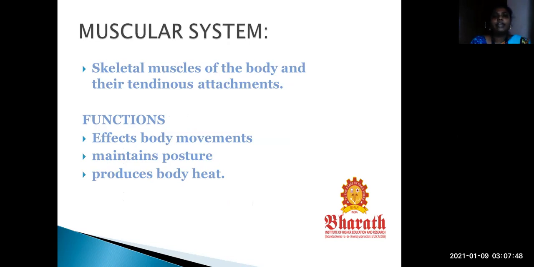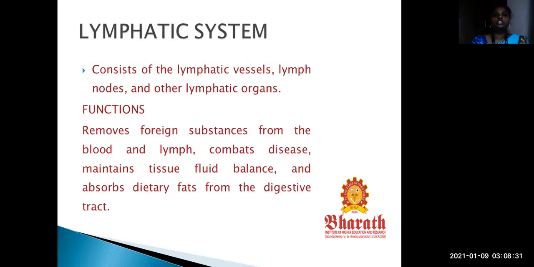The main functions of the muscular system are to effect body movement, maintain posture, and produce body heat. Our muscles determine our position, right? If you're sitting or lying, in all those positions our muscles interact with our body and communicate with the bones, and only then can the correct posture come. So the three functions are body movement, maintaining posture, and producing body heat. That is the muscular system. Then we'll move on to the lymphatic system.